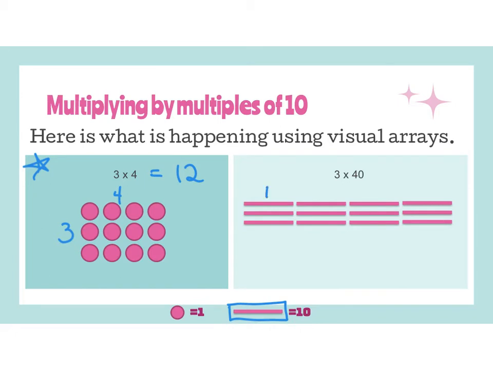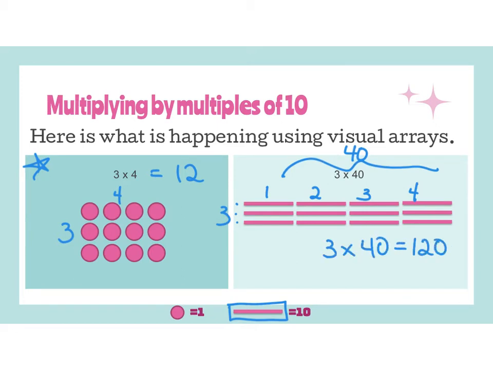We have 1, 2, 3, 4. So all together is 40. And then we have 1, 2, 3. 3 times 40 is 120.